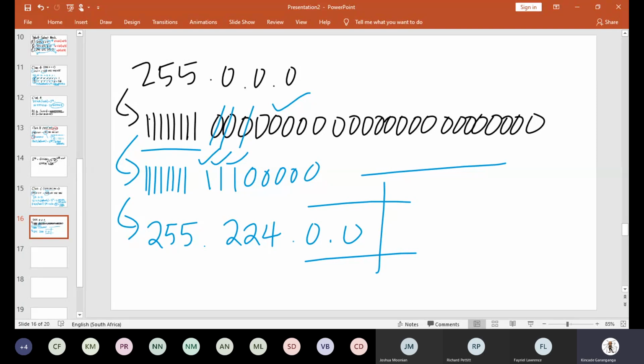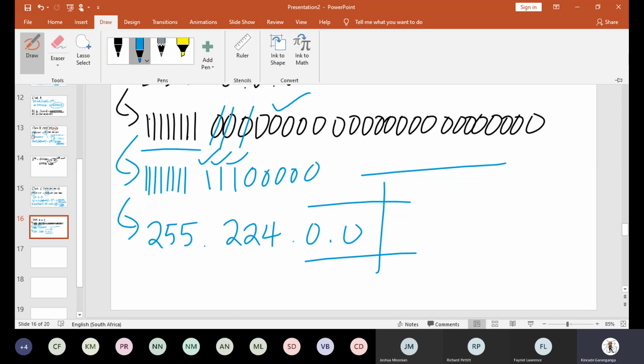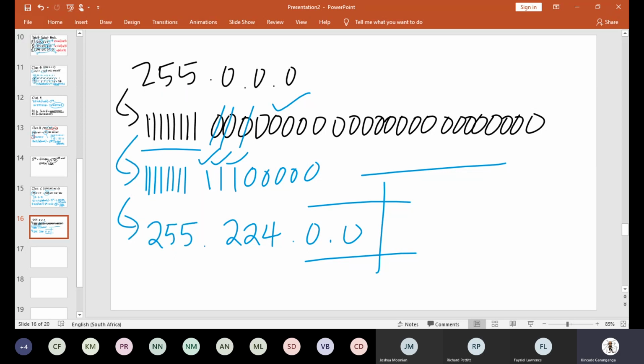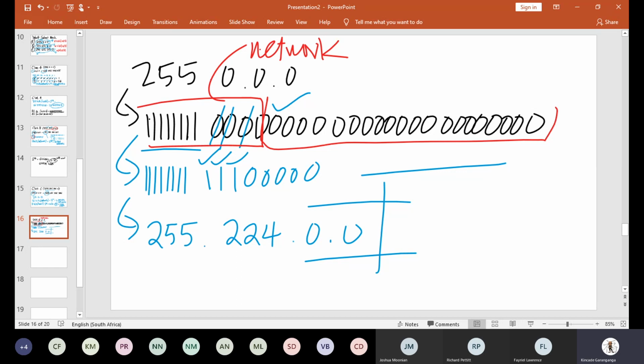Instead of having only the first portion as our network address, we now have 11 bits to represent the actual network, and the remainder, which is another 21, representing the host. So once you've customized this, these portions would represent your network, and obviously the last 21 would represent the actual host.